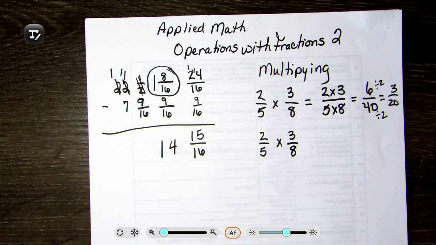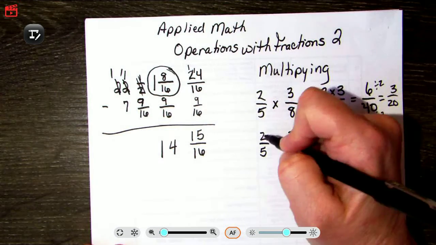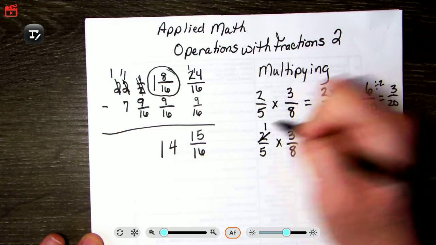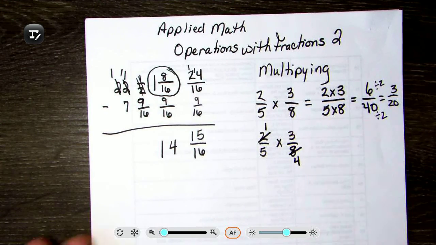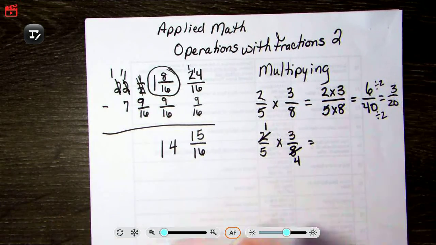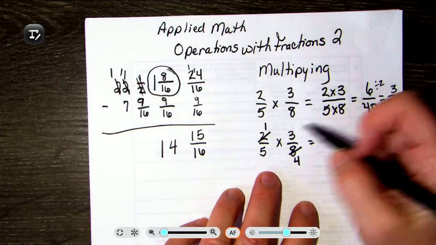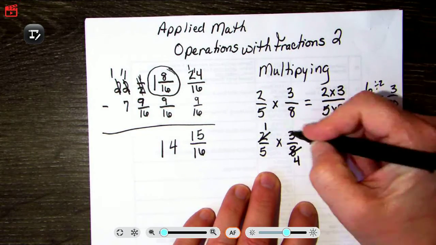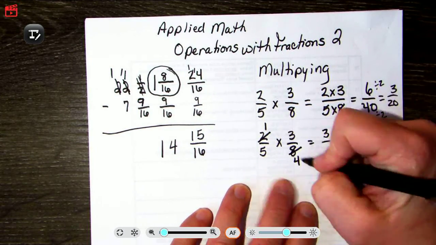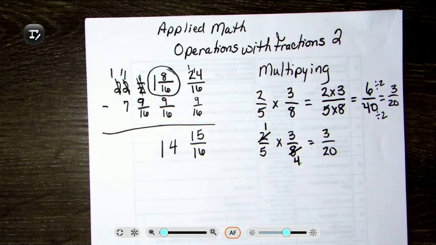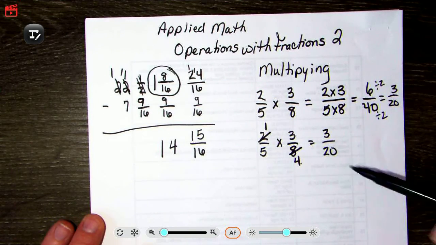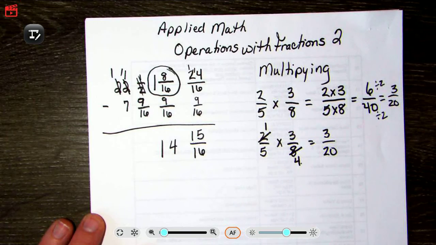I see both the 2 and the 8 are even numbers, so I'm going to divide both of these by 2 and write down their new pieces. And now I don't see any other common pieces from tops to bottoms. Now I can do this multiply. So 1 times 3 gives me the 3, and 5 times 4 gives me the 20. Notice we get to the same spot, just a little different route.